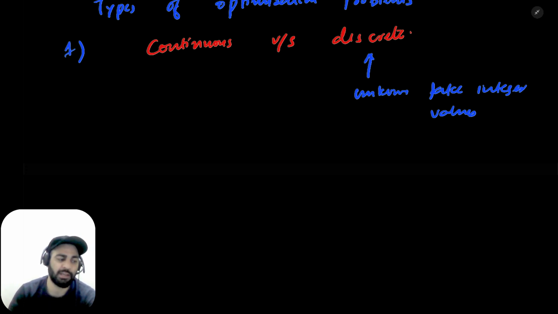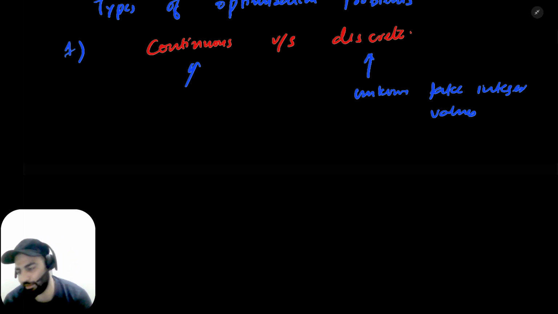In a similar way, these unknowns take integer values, and we call it a discrete problem. If the variables take continuous values, we call it a continuous problem. Problems of this type are called integer programming problems, which I need not discuss with you, but I am telling you that there are different types of problems that we'll handle.